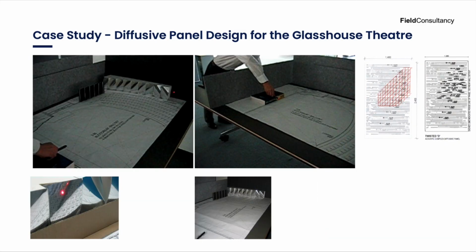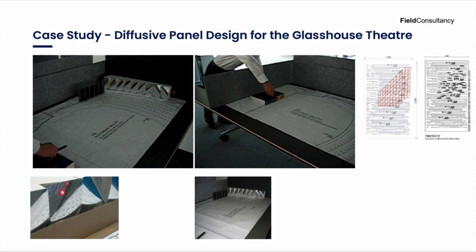What we did very early on in the process was ask the architect to provide a scale model of the rear wall of the theatre. The concept design put forward by the architect involved twisted panels through the diagonal axis of each panel. So we decided to use a laser pointer to scan across a scale model of these diffusive panels to see where we might get problematic reflections of sound back towards the audience.